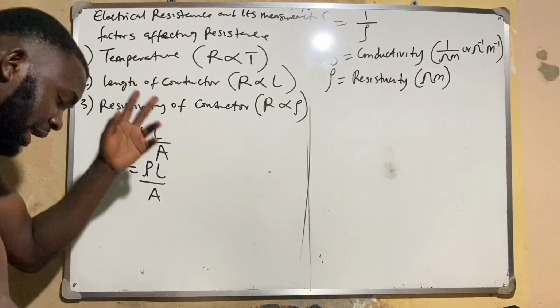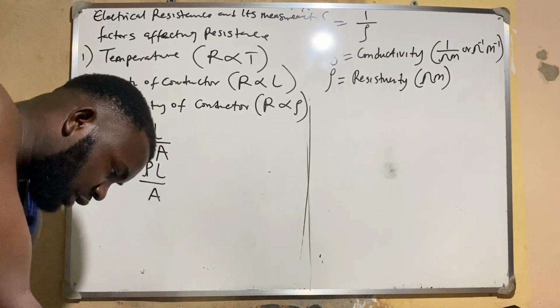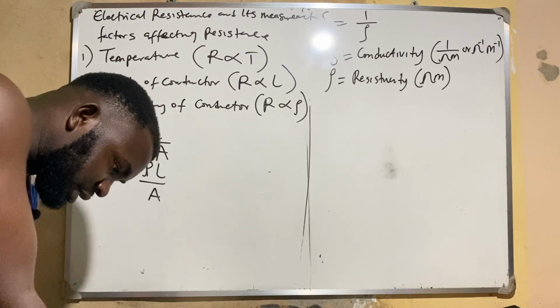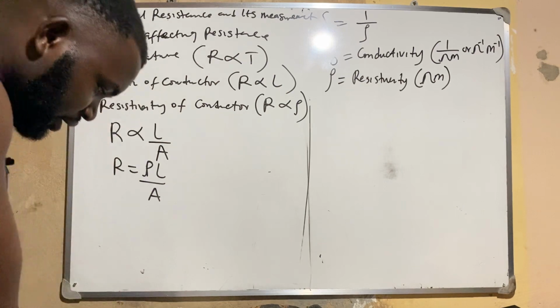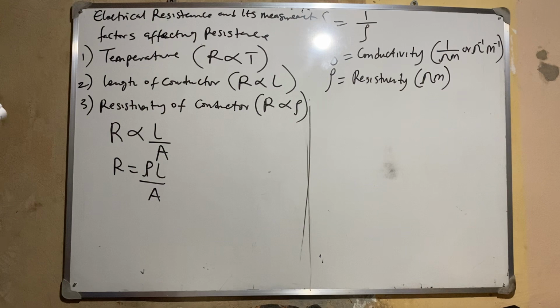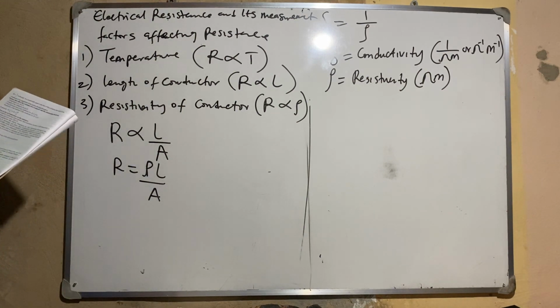That's why we say that it is directly proportional to that. So number 2, for semiconductors like silicon, germanium, etc., the resistance decreases as the temperature is increasing, and hence their conductivity increases at an elevated temperature.